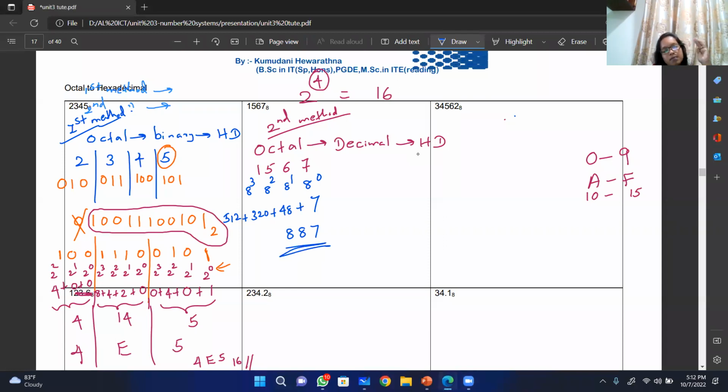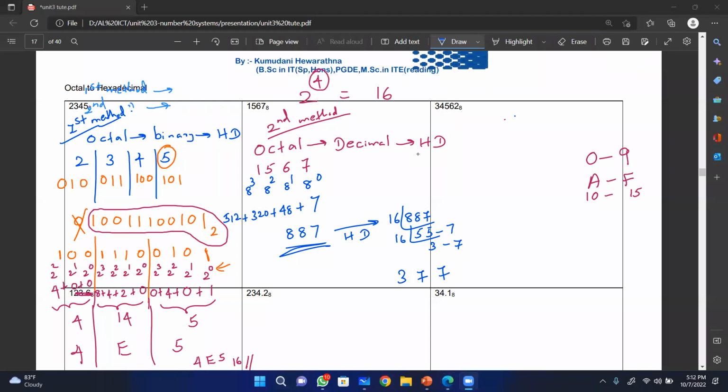How to convert that decimal into hexadecimal? Dividing by 16. So just divide the number by 16. 887 divided by 16. Is that 377?